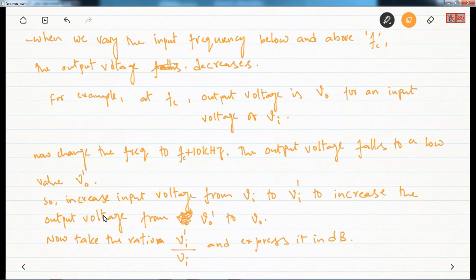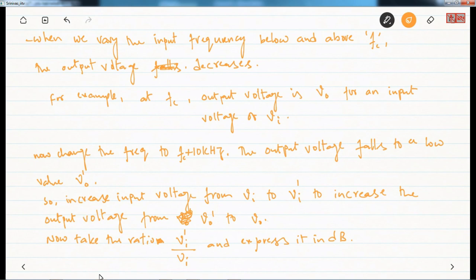So now how do you plot this curve: at Fc plus 10 kilohertz, your attenuation is 10 log 10 Vi prime divided by Vi, right?